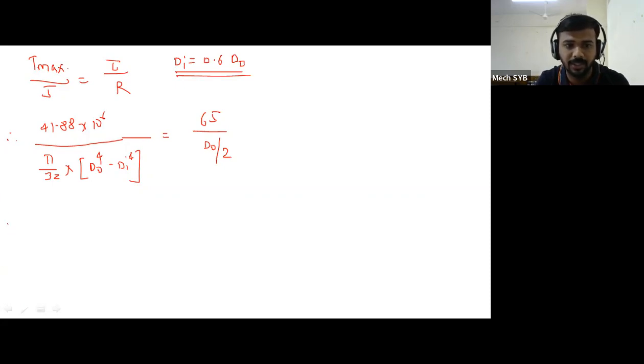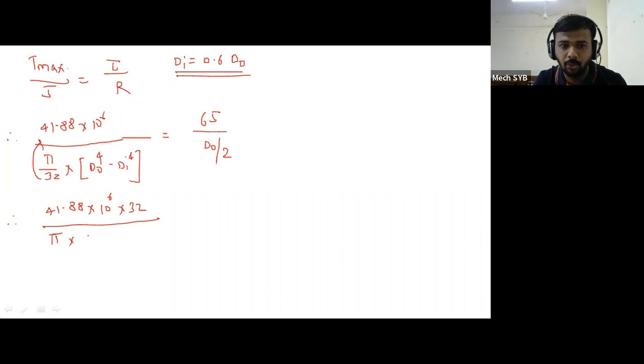So what I will do, see here, where there is a possibility of mistake. 41.88 into 10 raised to 6 into 32 that I will take at the upper side. Pi by 32, this 32 I have taken to the upper side, divided by pi into square bracket. Try to use the square bracket. Do raised to 4 as it is minus, what is the value of di? 0.6 into do.